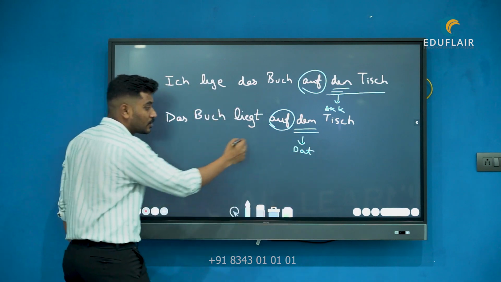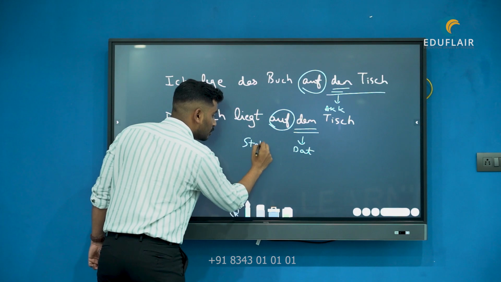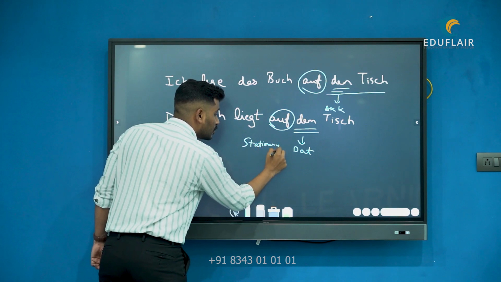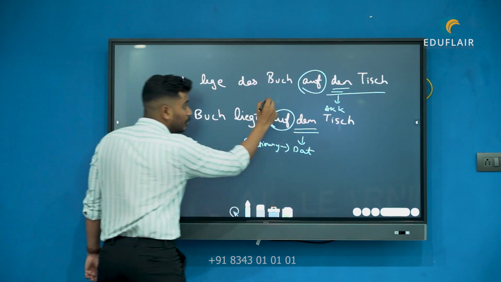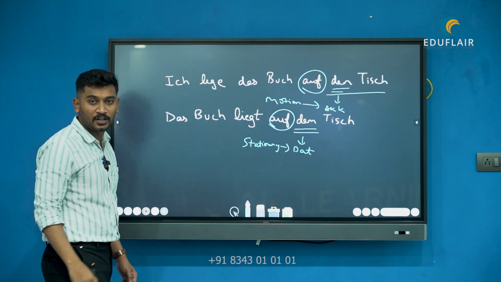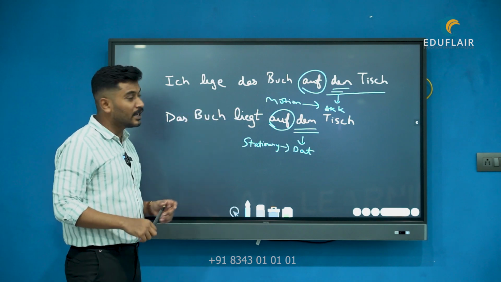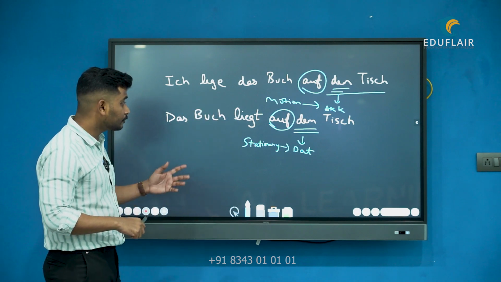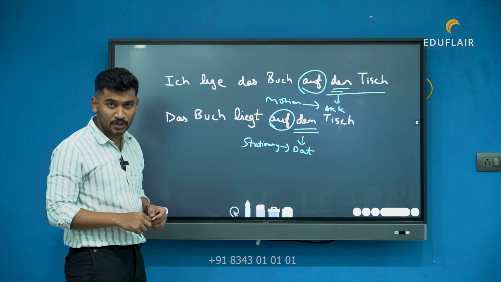Why? Because there was no motion. It was stationary. In the previous example it was in motion, that's the reason it took accusative case. So this is how, guys, we decide the cases in Wechsel prepositions.